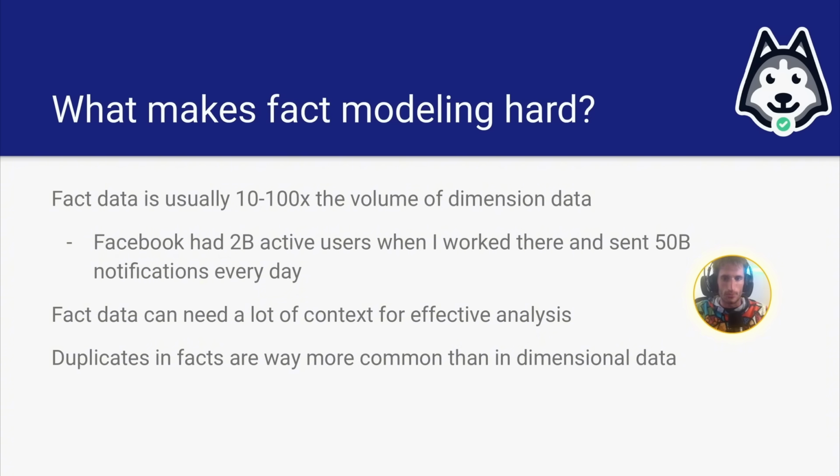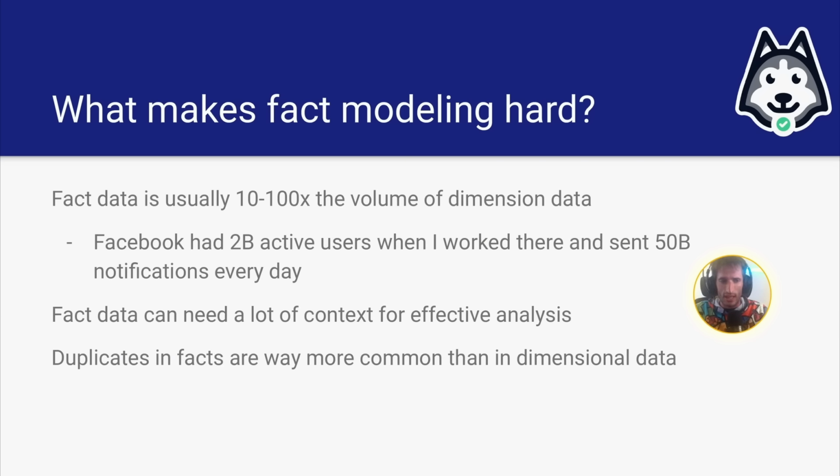What that meant was from the 2 billion users, that balloons to 50 billion notifications. That's just a lot of notifications. I know a lot of people turned off their notifications because it is an excessive amount. We're going to be talking quite a bit about these notifications and how they worked, and some of the challenges that I ran into with this very bulky fact data.